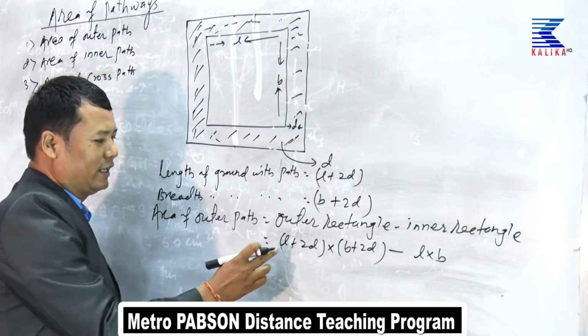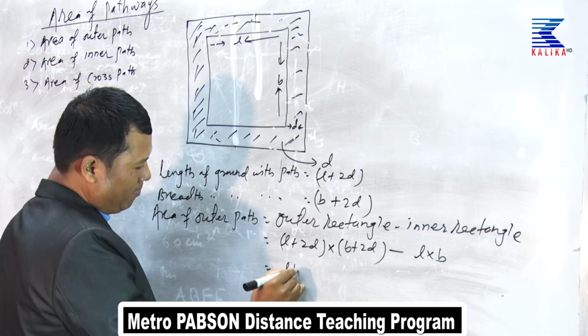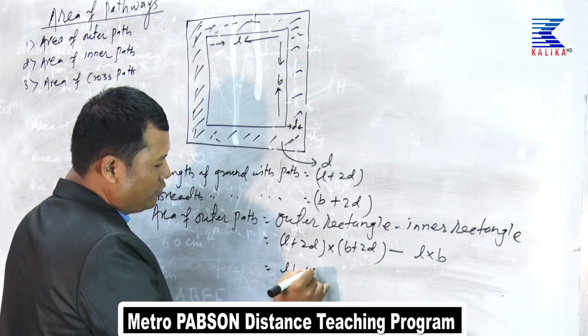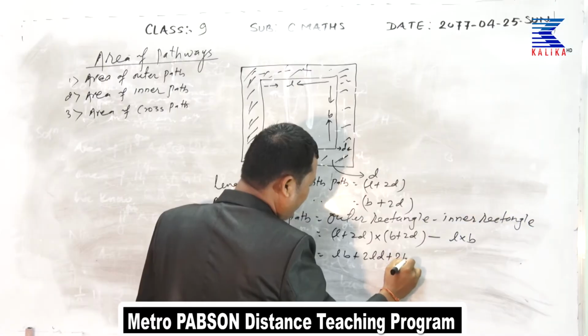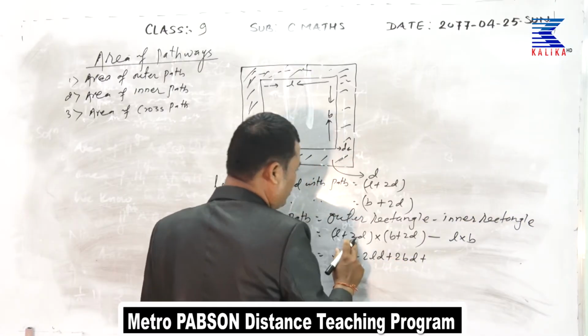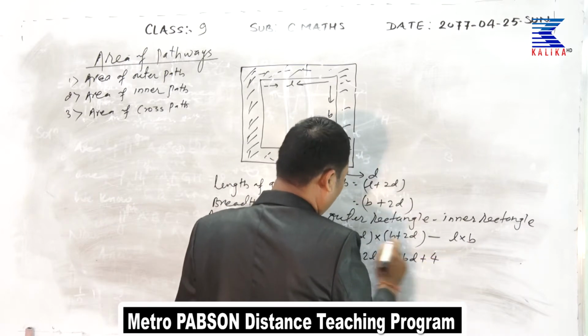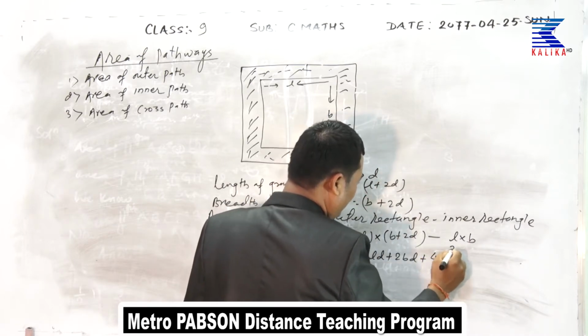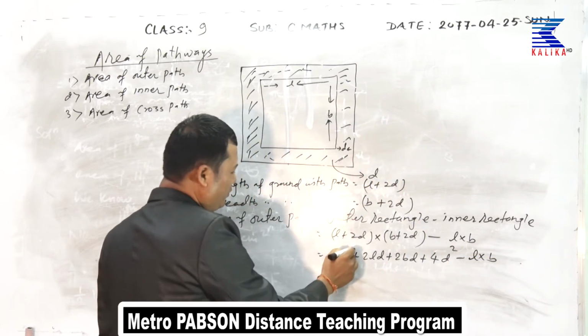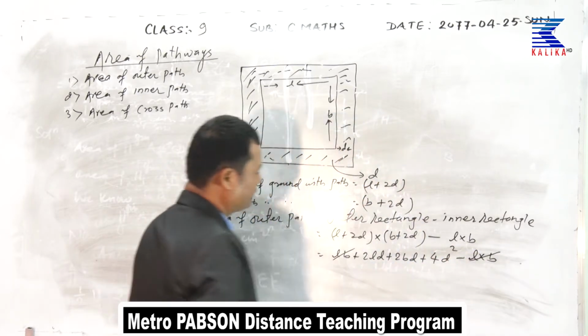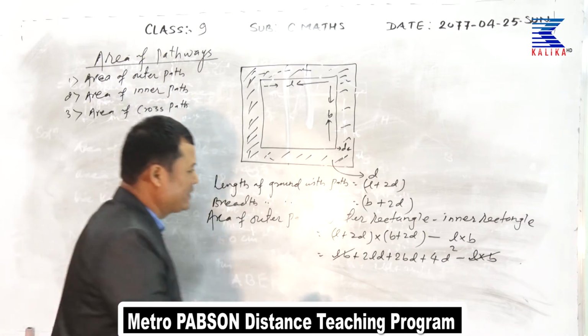Multiply please here: LB plus 2LD plus 2BD plus 4 D into D, D square, minus L into B. LB and LB cancel, and take the common please here.